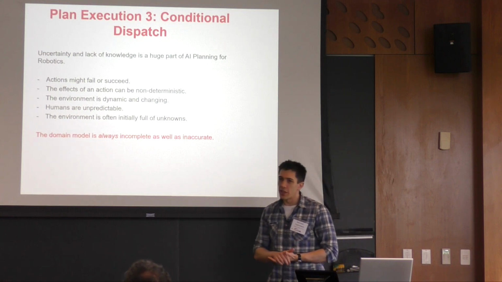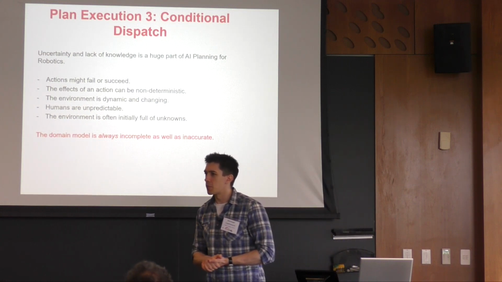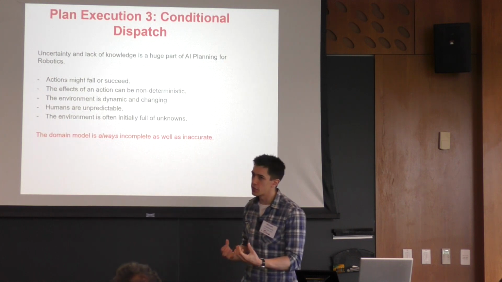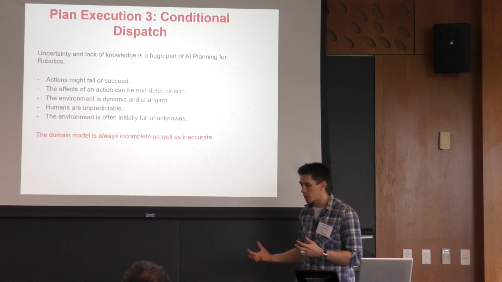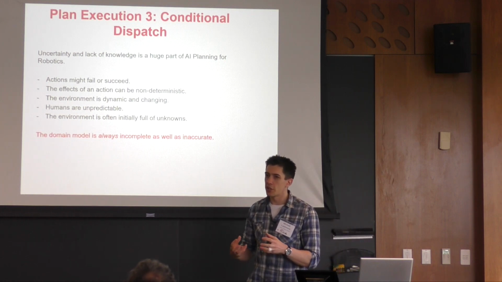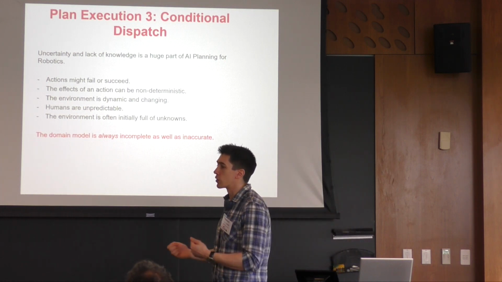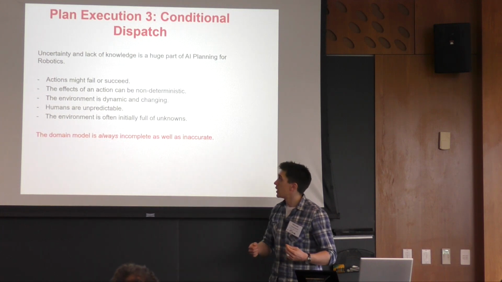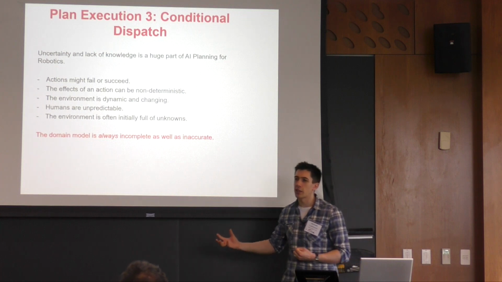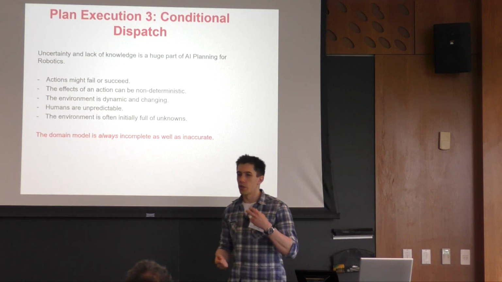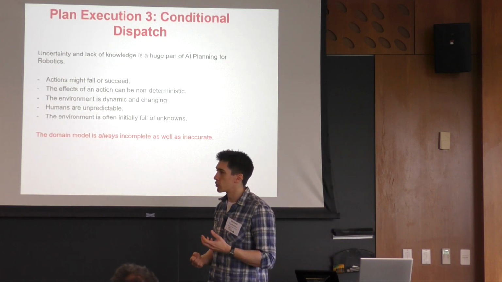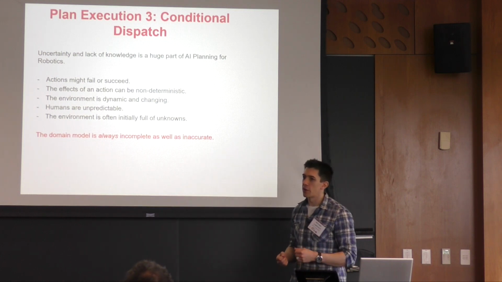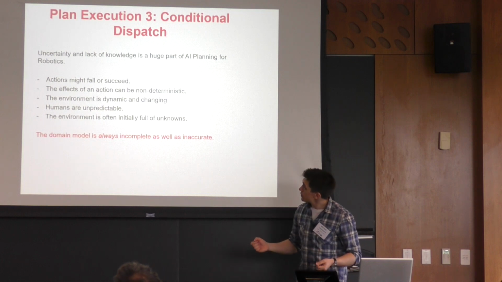Now we move on to the third set of issues in plan execution, which is uncertainty. And there are different kinds of uncertainty that can come up. So we've talked already a bit about temporal uncertainty, where the executive can't know in advance how long actions will take to complete. But this is only one kind. There's also the uncertainty upon the outcomes of actions that can fail, obviously, but also have multiple different outcomes, or even an infinite number of outcomes if it's continuous.